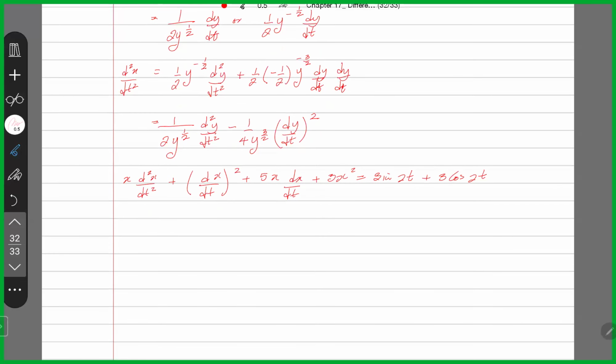So let's do our substitutions. Can become a differential equation where you have y in it instead of x.